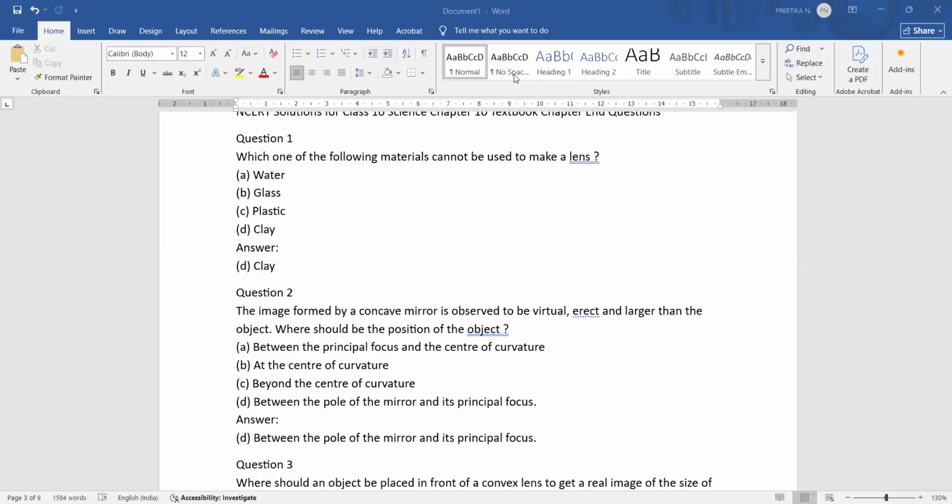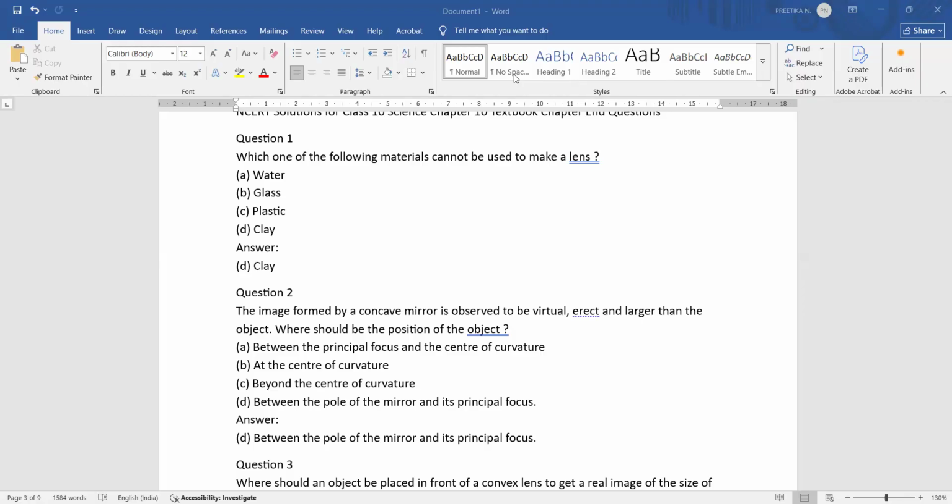Out of the 4 options, plastic is also a bit wrong, but clay is the typical opaque material. Light can never pass through it, so definitely we can never use clay. The rest, plastic, glass, water, can be transparent sometimes. So somehow we can use them, but clay is always no when it comes to making a lens. So the answer of the first part is clay.